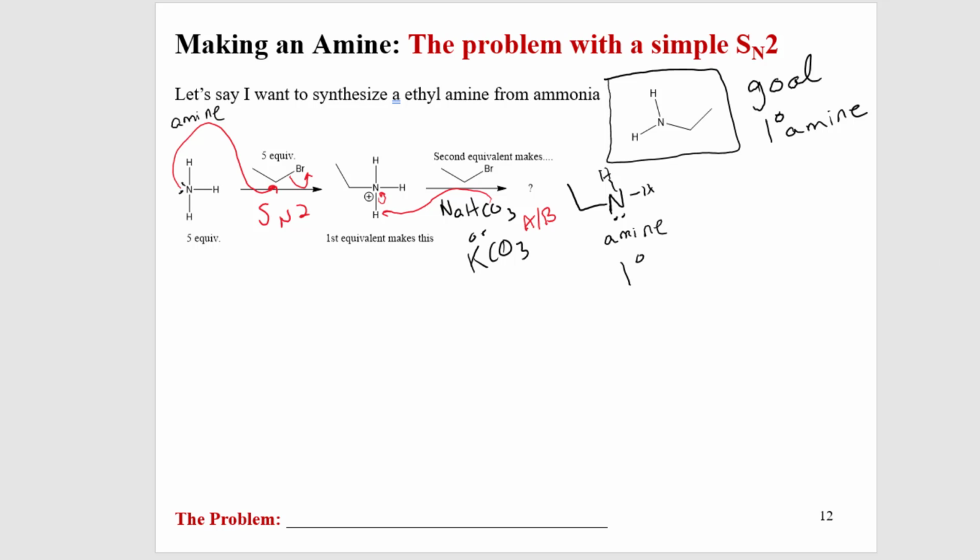The problem with this is that if I used up 1 equivalent, I have 4 of those molecules left, right? If the first ammonia reacts with the first ethyl bromide, I make 1 equivalent of the product. Here's the problem. The amine I end with is now in competition with the amine I started with.